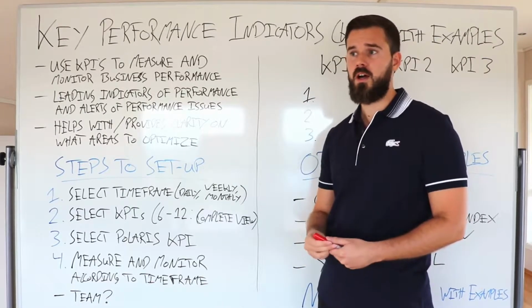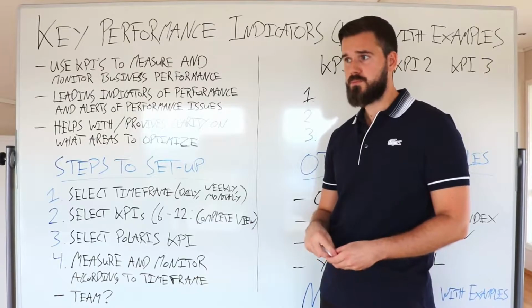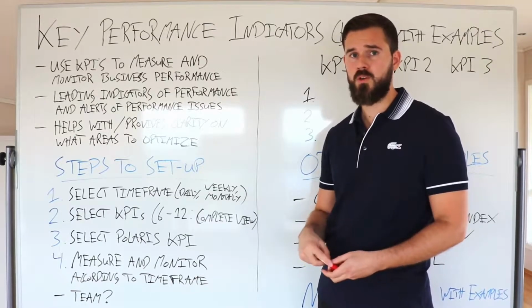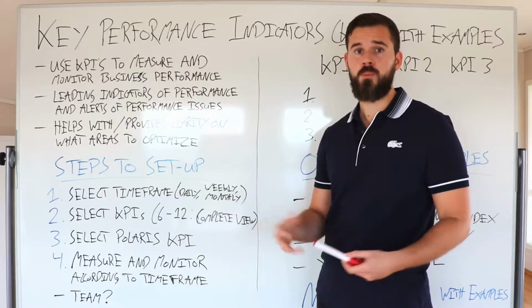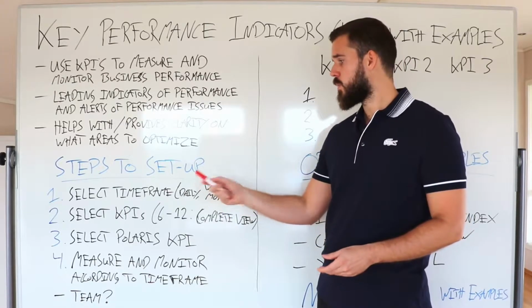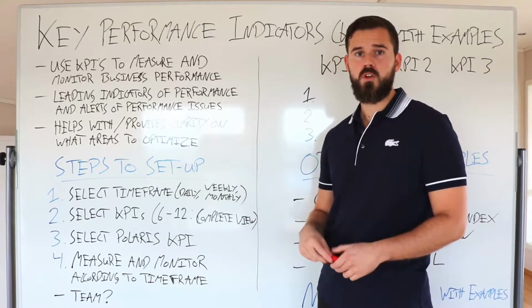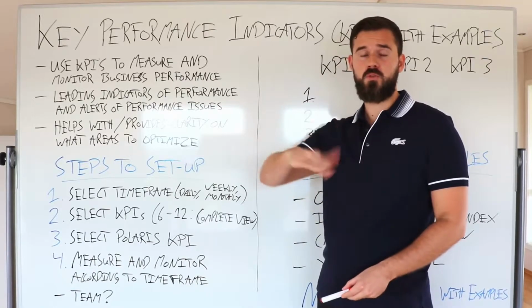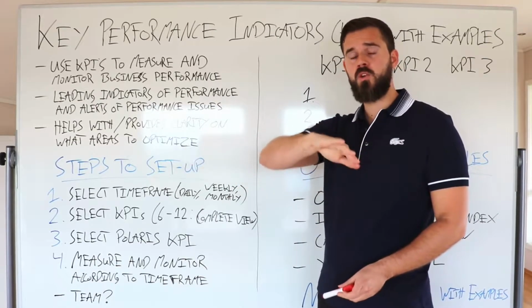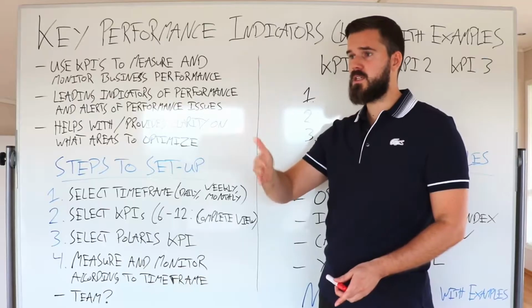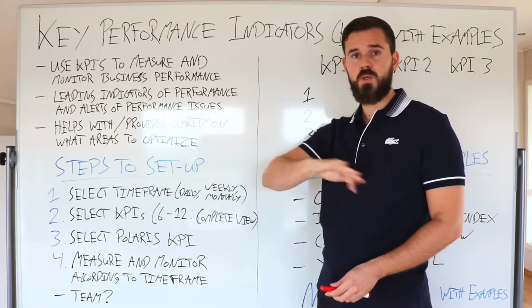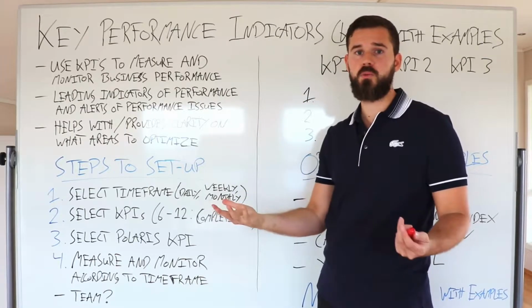Let's say you're selling private label products on Amazon as an e-commerce business, then daily is probably going to be too short. It's going to be too fast, because there's natural fluctuation day by day, and you don't want to be freaking out and making decisions daily just because things are fluctuating up and down, because that will happen naturally.